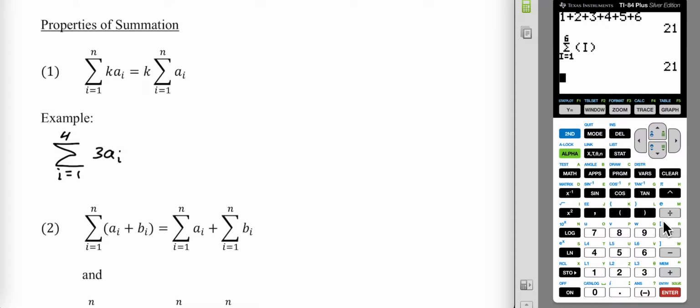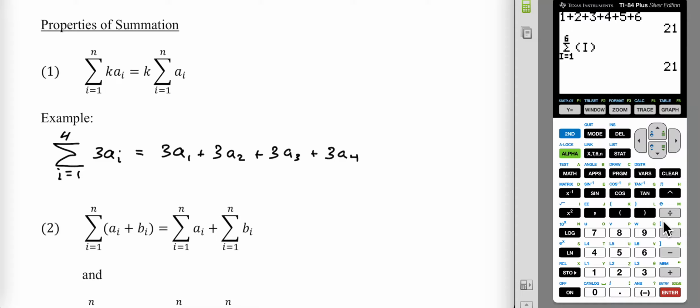Alright, so that would be 3a sub 1 plus 3a sub 2 plus 3a sub 3 plus 3a sub 4.